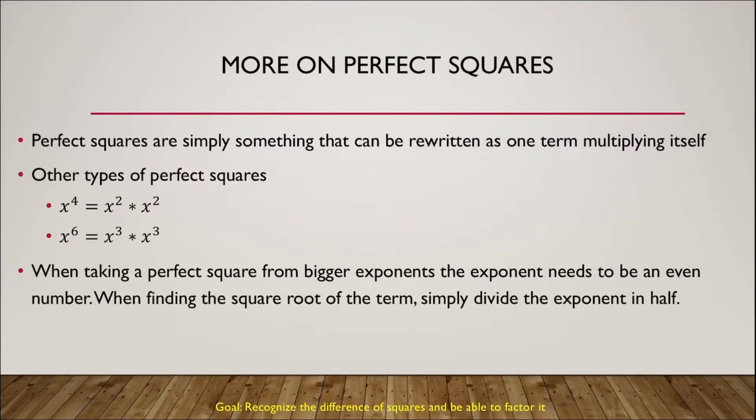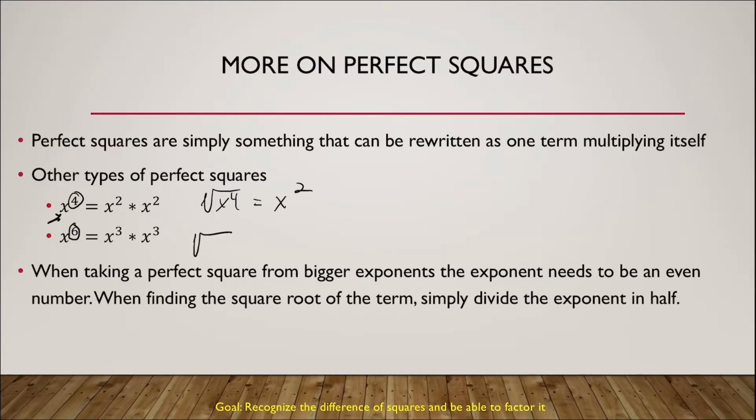So let's look. Perfect squares are simply something that can be rewritten as one term multiplied by itself, right? So let's look at some other types of perfect squares. X to the fourth equals x squared times x squared. So the square root of x to the fourth would be x squared. Notice that when I have an even exponent, those are the ones I can take a square root of, and it's just half of them.